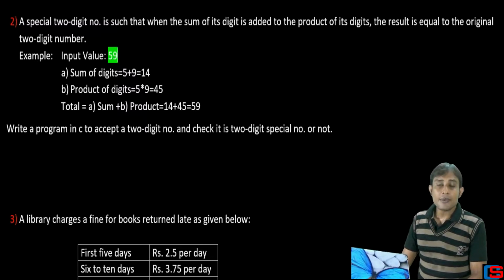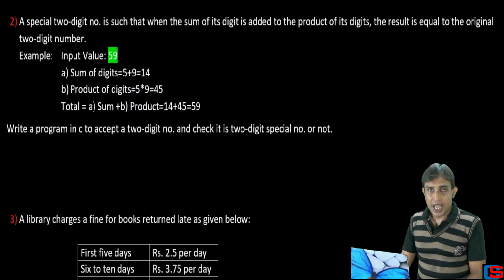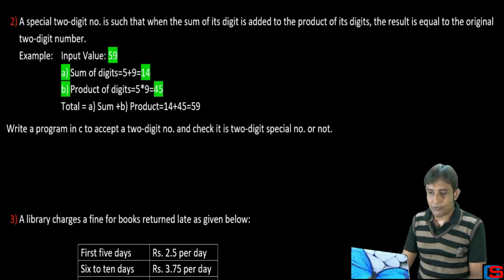Okay, so the individual digits are 5 and 9, and if the digits are summed, it becomes 14, right? You can see here. And if they are multiplied, it becomes 45, and if we add this 14 and 45, then it becomes 59.